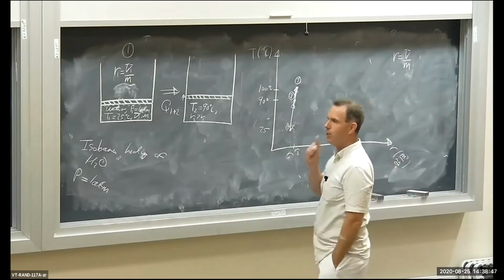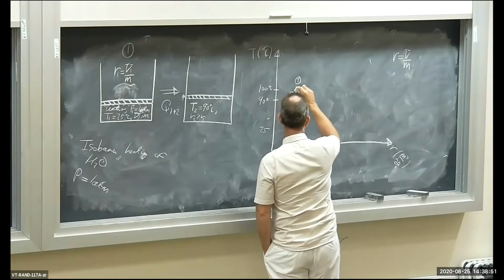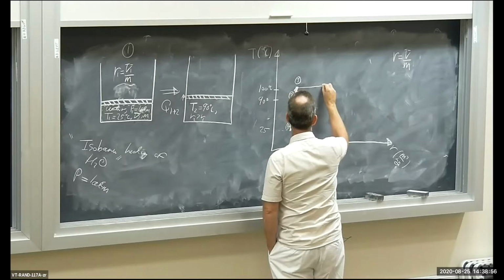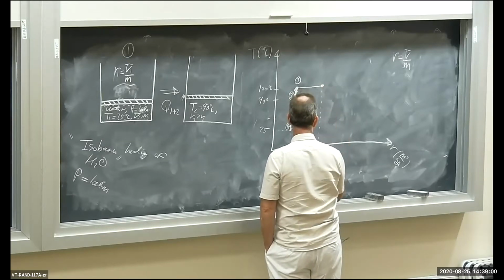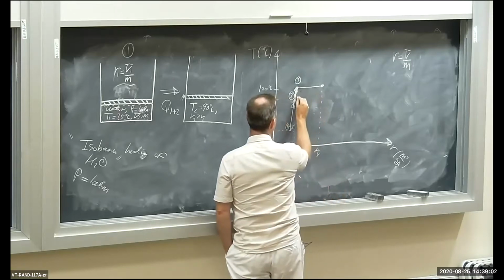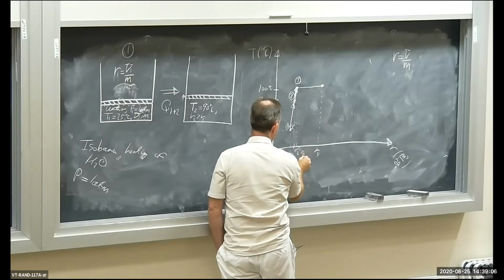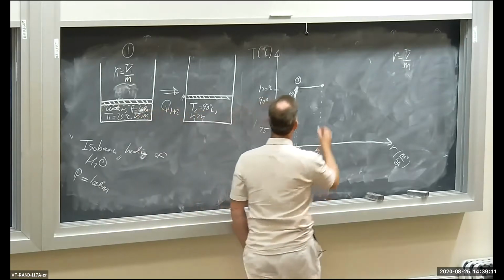Let's see here, state 4 temperature is the same, it's still 100 degrees, but specific volume has increased. So here's specific volume at state 4. By the way, I didn't put specific volume at state 3, you can barely see it. But temperature remains the same.